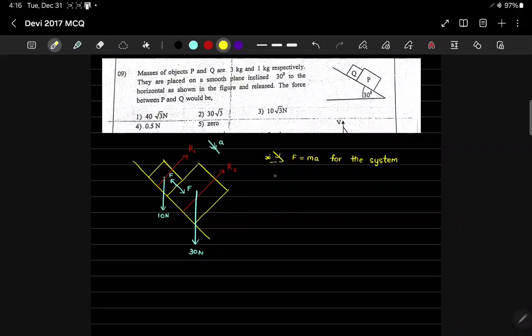So the component of the weight along the inclined plane, 30 sine 30 plus 10 sine 30, equals 3 plus 1, which is the total mass of the system, into the acceleration A. So that would be equal to 40 sine 30, which is half, divided by 4. So the acceleration would be 5 meters per square second.